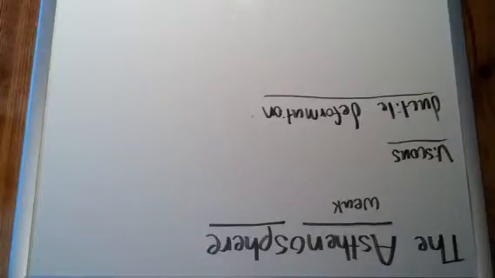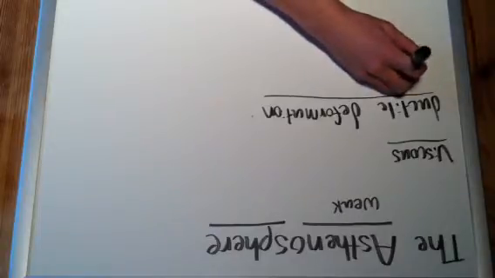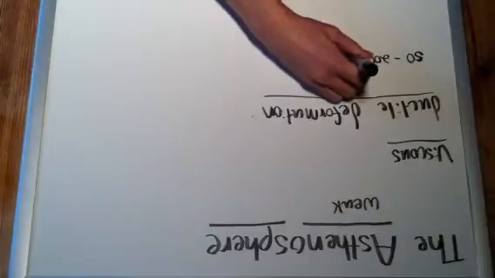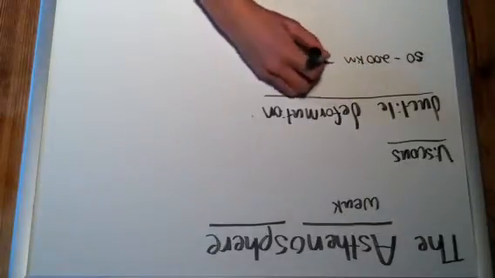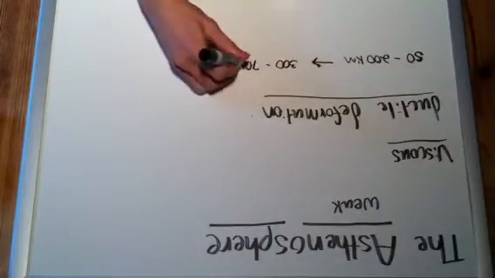Now, in terms of thickness, the asthenosphere is generally between where the lithosphere ends, which is, averaging it a bit, anywhere between 50 and 200 kilometers of depth, through anywhere between 300 and 700 kilometers, right?